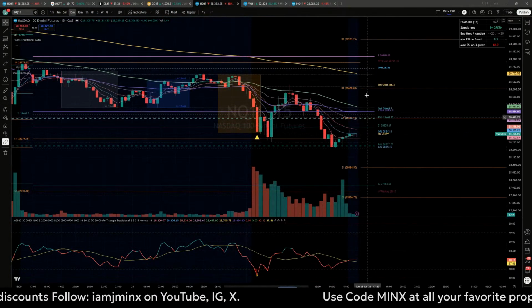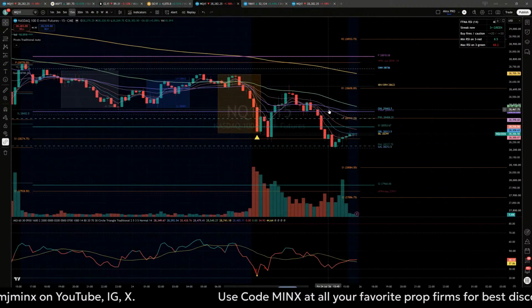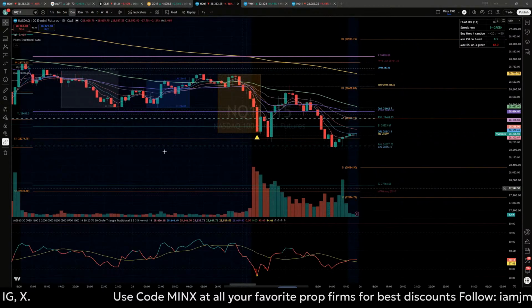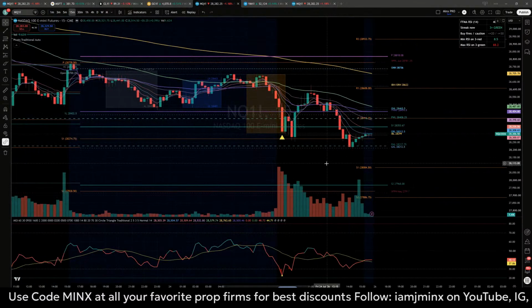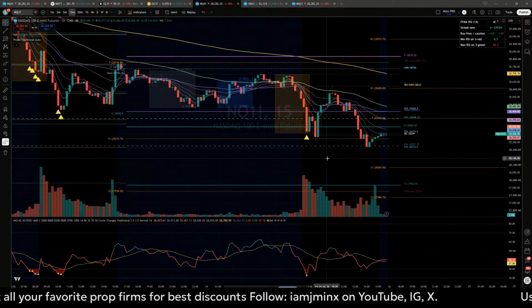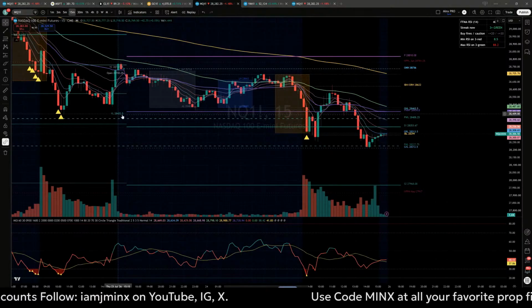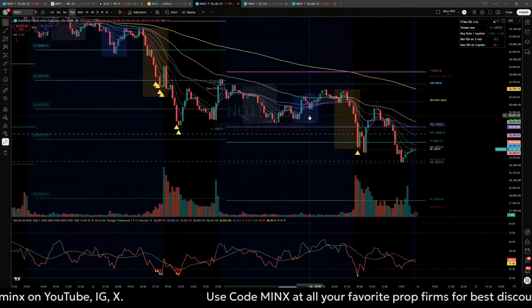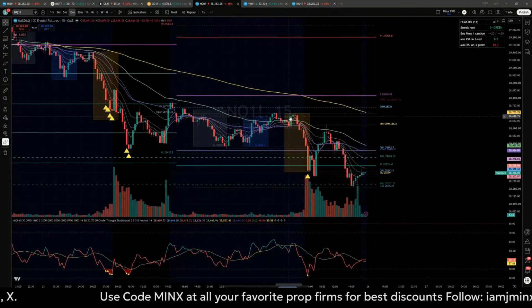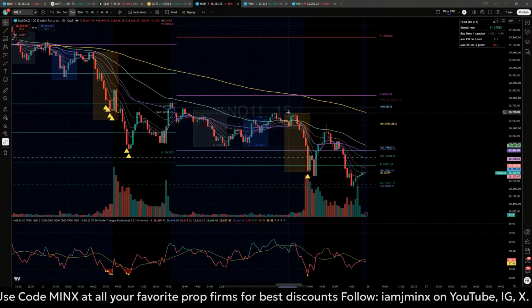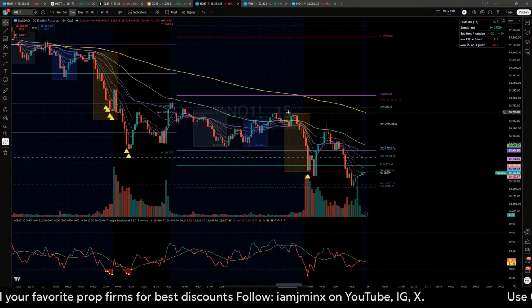It's free. I don't look for this. This is automatically calculated. I'm not going to pretend I know more than the institutions who have mathematical calculations for the key levels.